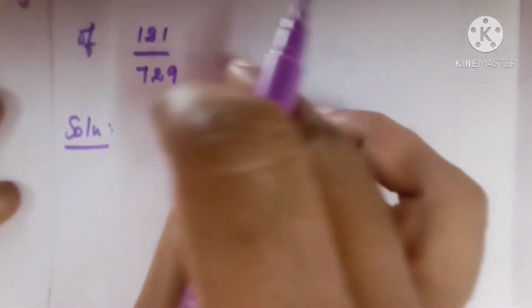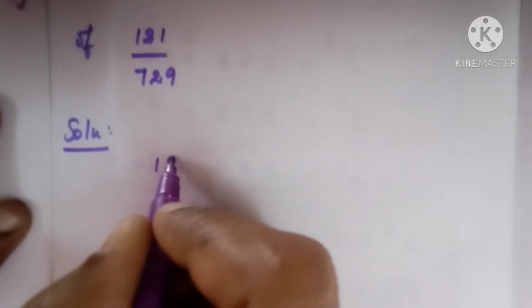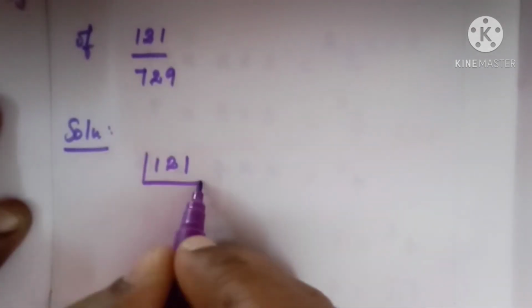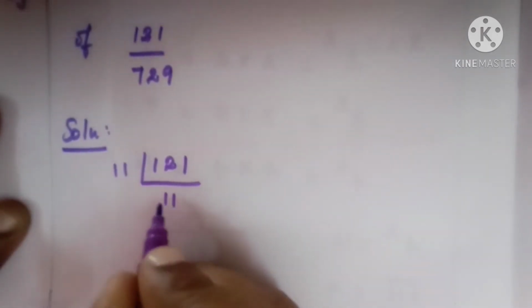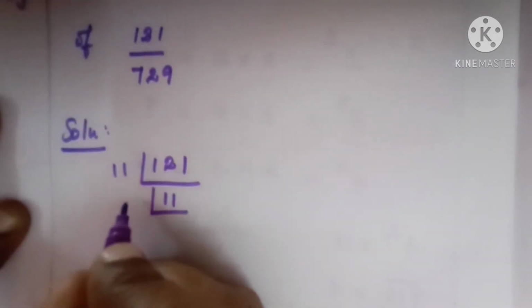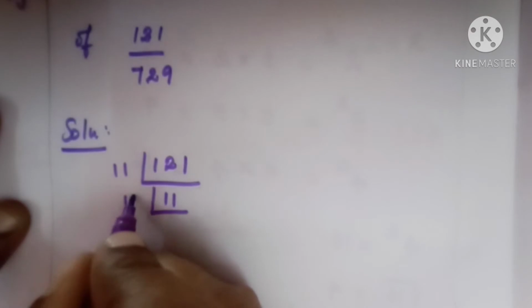Solution. Find the factors for these numbers separately. 121: we know that 11 11s are 121. So it's divisible by 11. Divided by 11 we get 11.